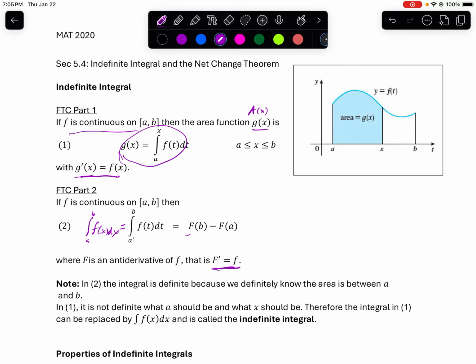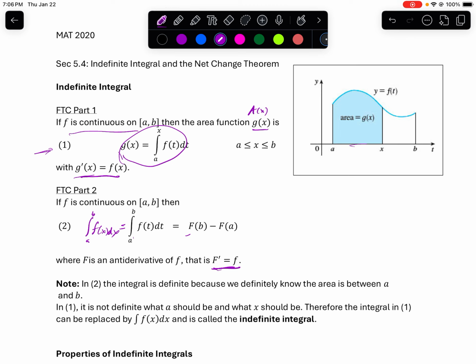But in the first part here in this equation, you notice that a is not definite and x is not definite. So a can be anywhere below x and to the left of x, and again x can be anywhere in this interval.